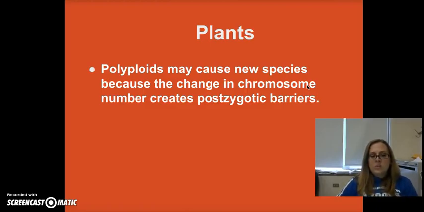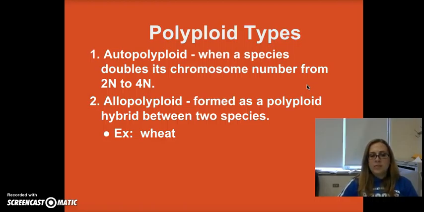With plants, polyploids can cause new species because the change in chromosome number creates a postzygotic barrier. I think we talked about this a little bit before, that plants can easily form polyploids, whereas animals don't tend to be able to do so. Because of the change in chromosome number, the plants that have that new polyploid number can no longer mate with the original plants that do not have that number.